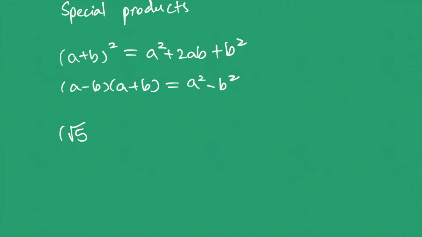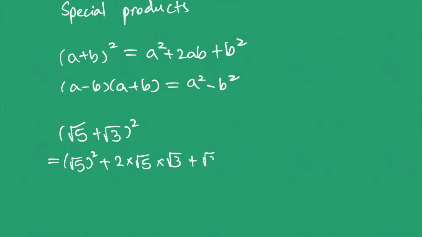Square root 5 plus square root 3, squared. We can use the expansion method above: (a + b) squared equals a squared plus 2ab plus b squared.